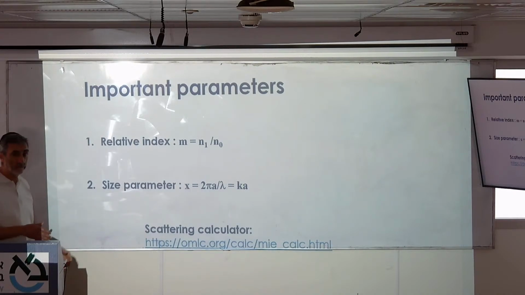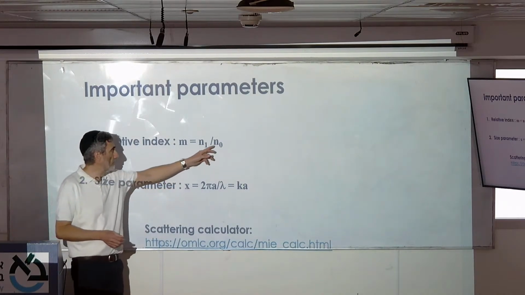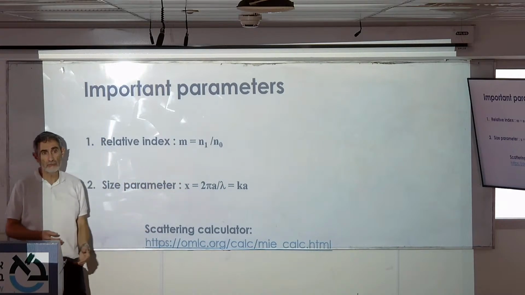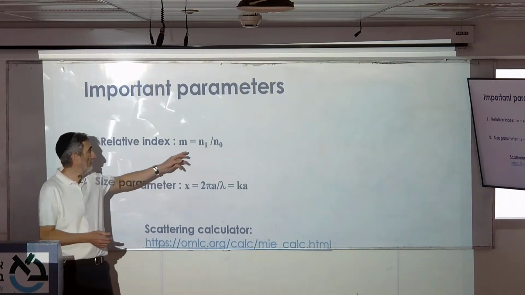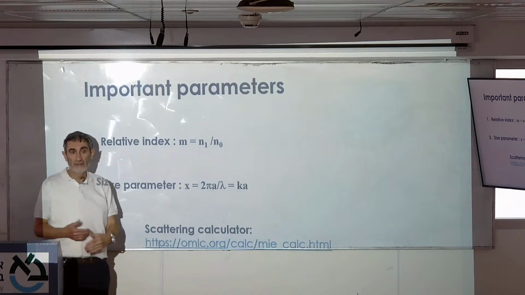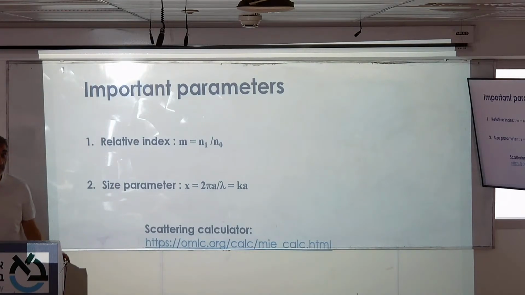If we are in free space, n0 is 1, and n1 is the index of refraction of the scatterer. But you can be in water and study the scattering by a bubble, so it will be reversed. So n1 will be 1, and n0 will be the index of refraction of water. So you have to think about that.